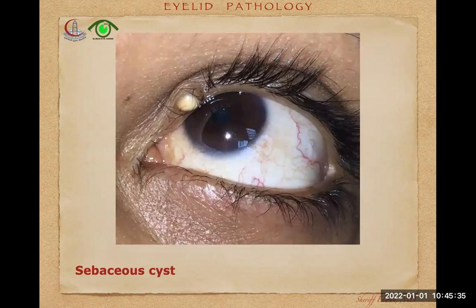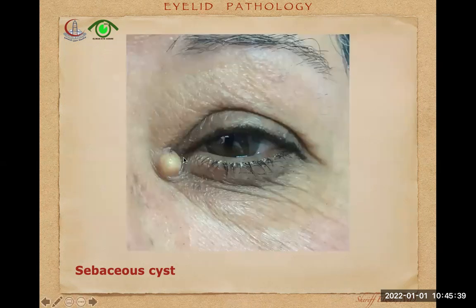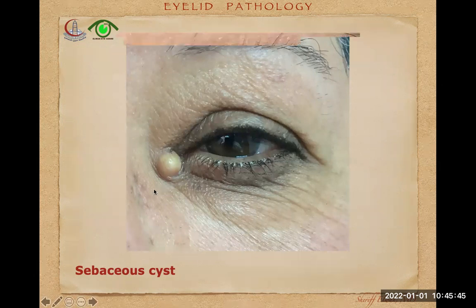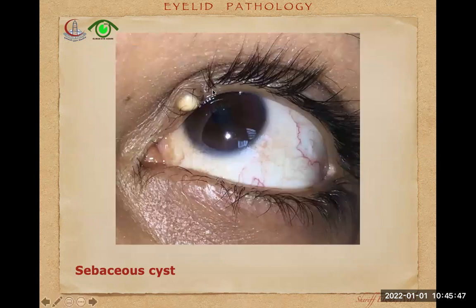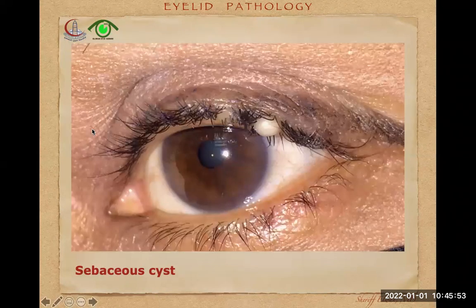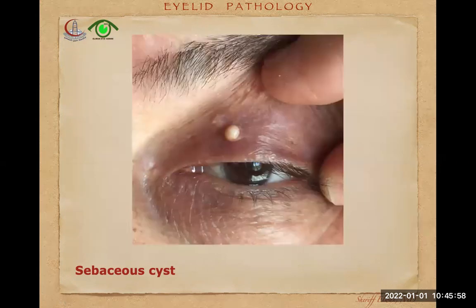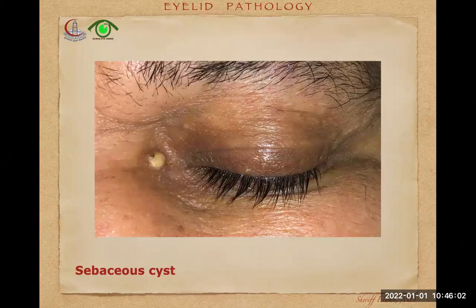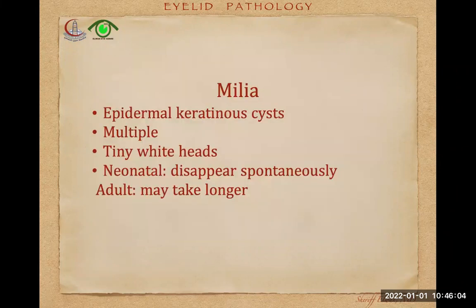This is another sebaceous cyst in the margin. And these here in the canthus. This is occurring in one of the sebaceous glands of the skin. And here in the margin, in one of the sebaceous glands of the lashes. Again, a marginal sebaceous cyst, a skin sebaceous cyst, another sebaceous cyst.